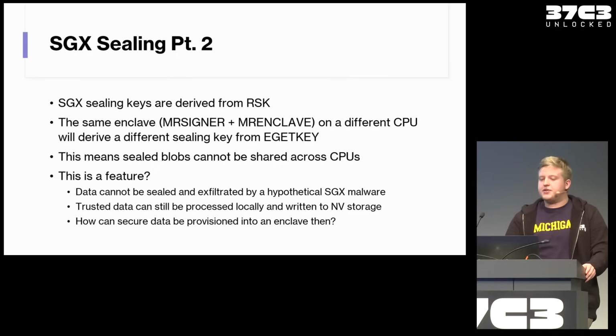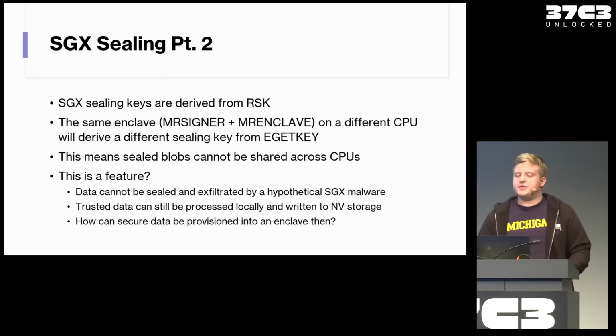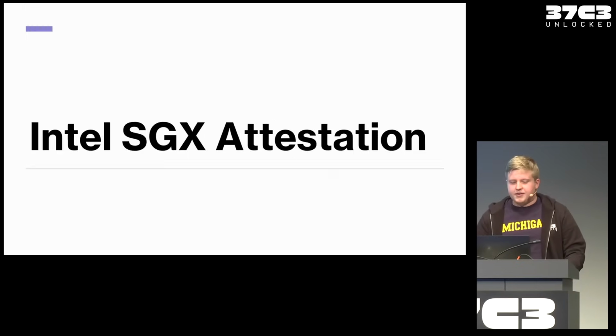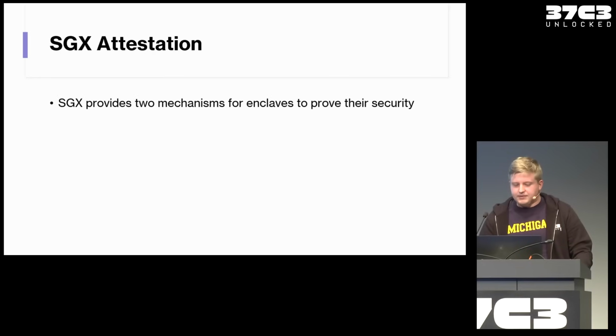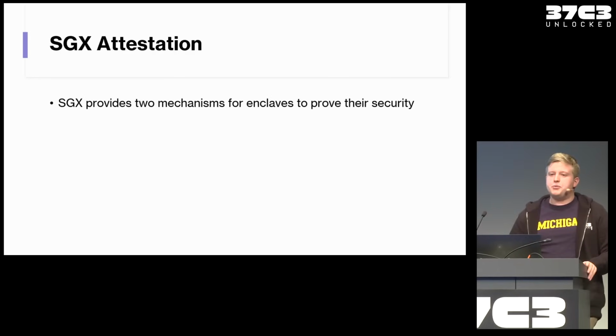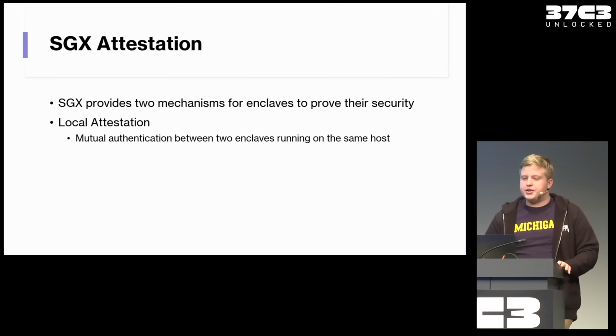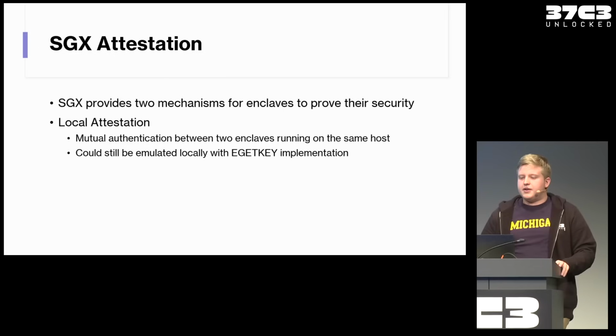But that still raises the question of how can we provision the secure data into the enclave in the first place? To do that, there's a mechanism Intel came up with called attestation. SGX provides two mechanisms for enclaves to prove their security. There's local attestation on your machine, which is just a mutual authentication between two enclaves.